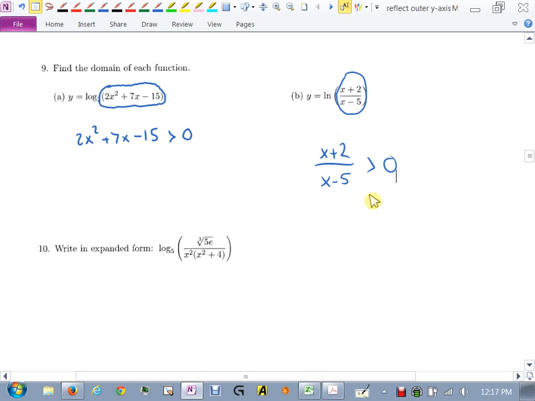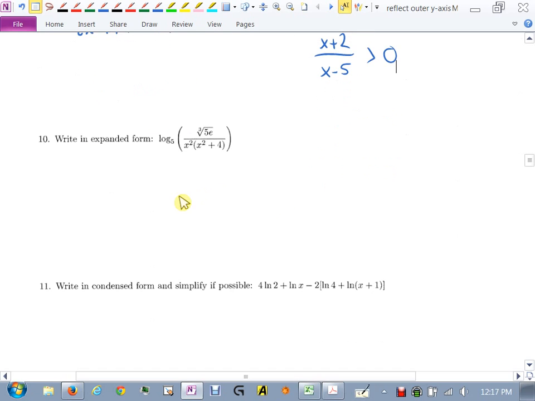And the way we did this was to set the top to 0, -2, set the bottom to 0, 5, draw those, take test points, and answer whether or not it's bigger than 0. You just have to be careful, don't include 5, don't include -2 in your answer because that makes it 0. Again, we've done this before, so I'm not going to redo them today.